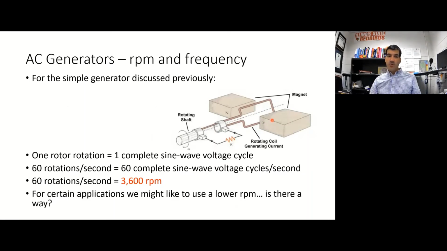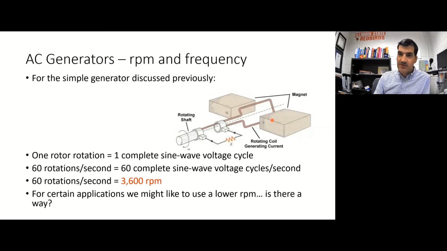Then if we have one rotor rotation, then our output voltage is one complete sinusoid period. If we want 60 sinusoid periods per second to get us 60 hertz AC, then we need to have 60 physical rotations of the rotor per second.